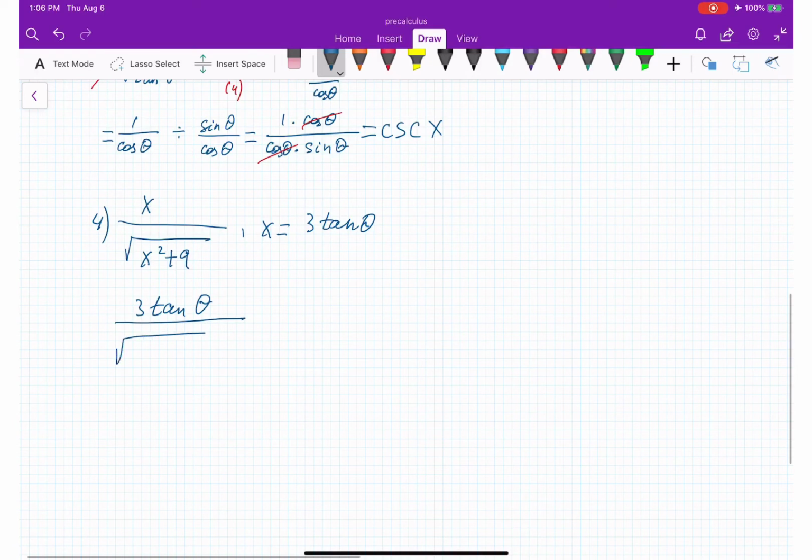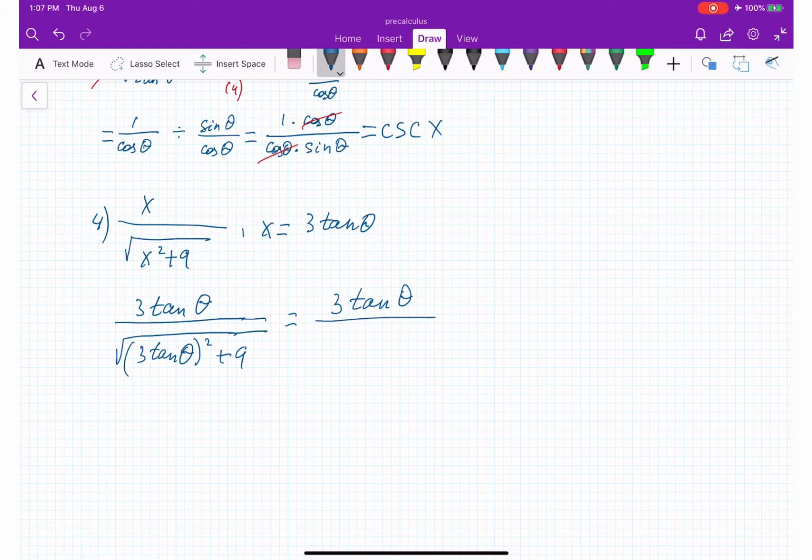At the bottom, we have 3 tangent theta squared plus 9. And we get 3 tangent theta over the square root of 9 tangent squared theta plus 9.